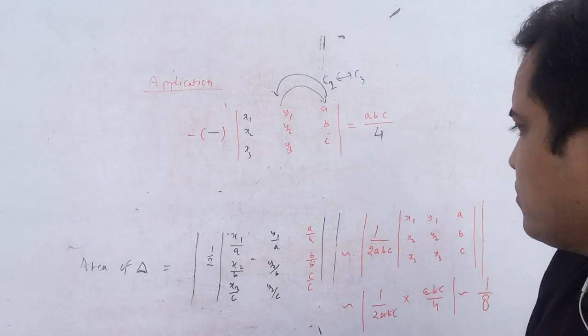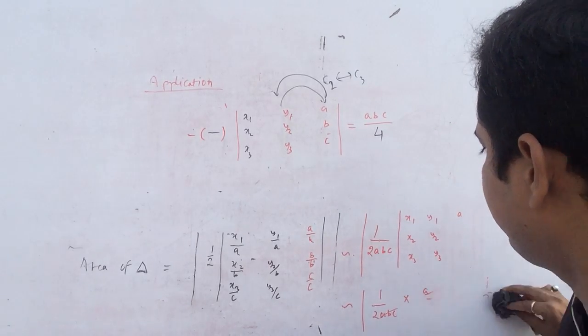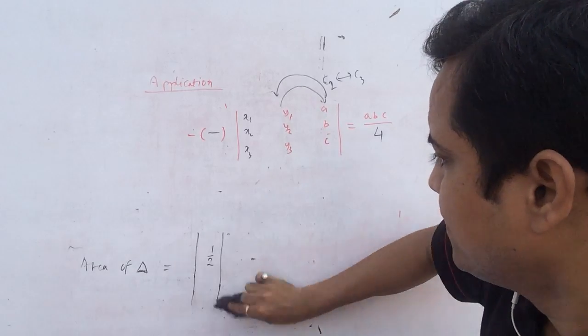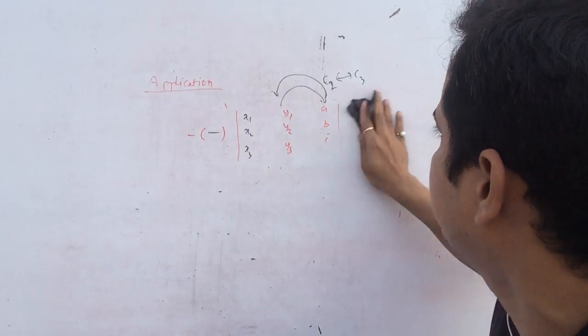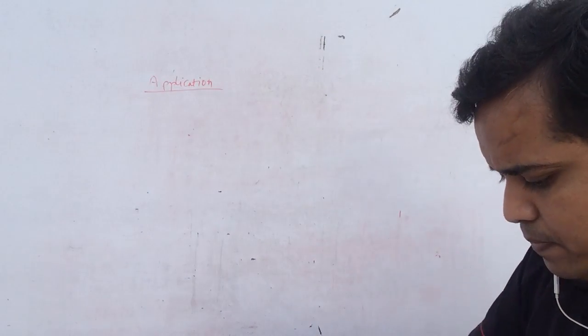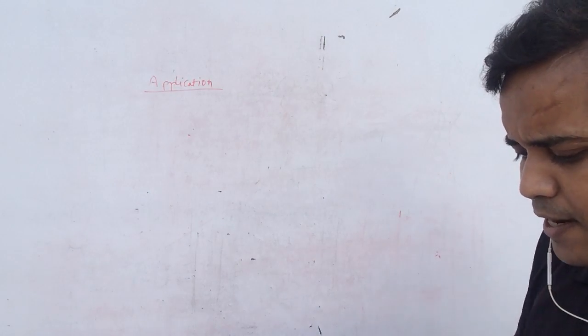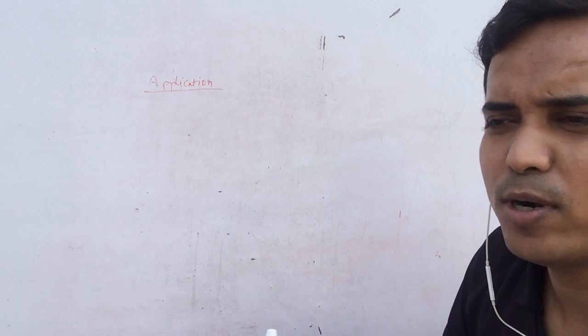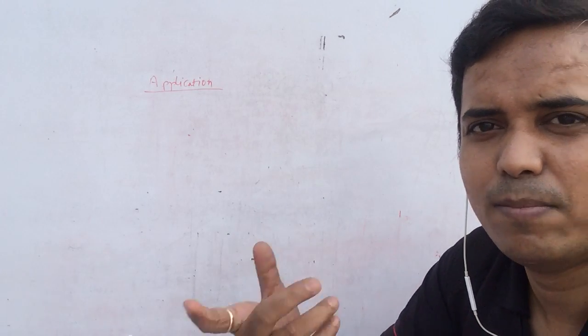Thank you. Now we are moving to the next application of determinants this time: the condition of collinearity. The condition is this: if 3 points are collinear, then the area of the triangle will be 0.